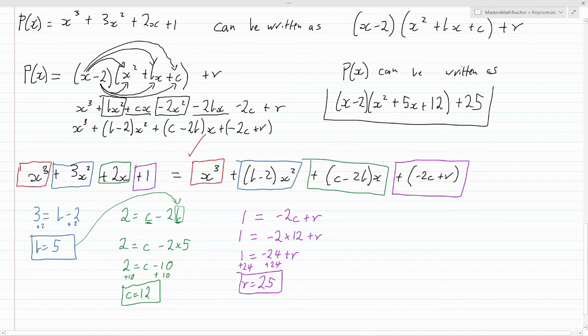That is what we've found out. And that's actually how we factor P of x. So if we took out x minus 2 as a factor, this is what we would get as our answer. And we'll explore that in later chapters. So this is called equating coefficients.